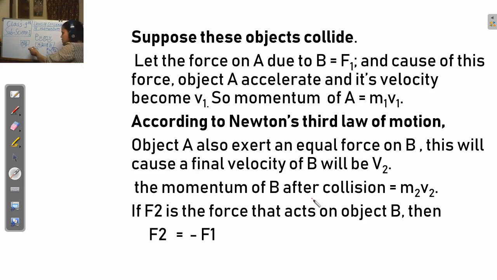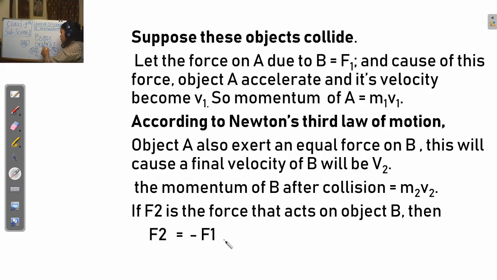F1 is the force acting on A, F2 is the force acting on B. So F2 is equal to minus F1. Why minus F1? Because the directions of both forces are opposite, F1 and F2.